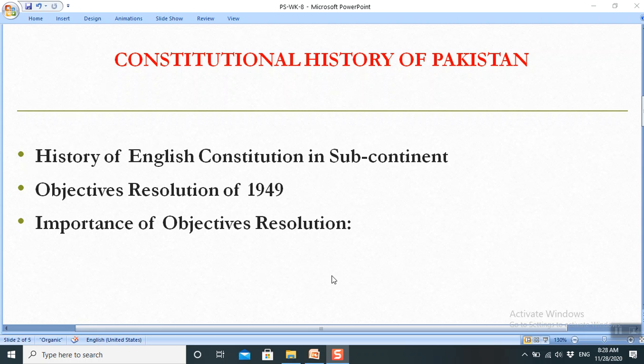For example, in the most recent times, American history from the constitutional point of view is excellent.